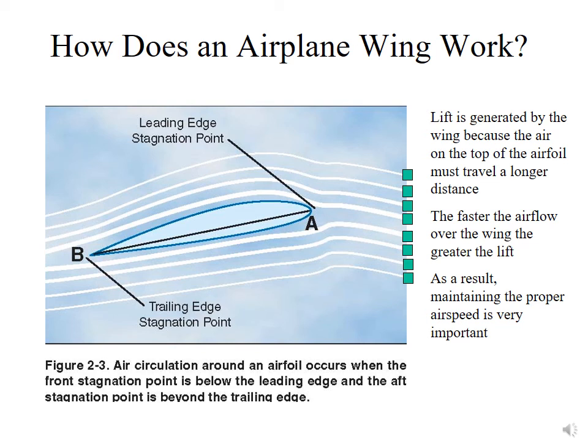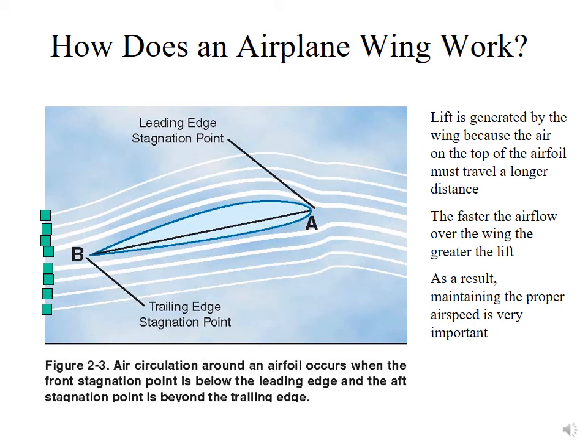And what that does is it generates a low pressure on top of the wing, because the air is moving faster over the top part of the wing, and you essentially have a high pressure below the wing and a low pressure above, which gives you lift. So let's look at these air parcels as they flow across the wing.